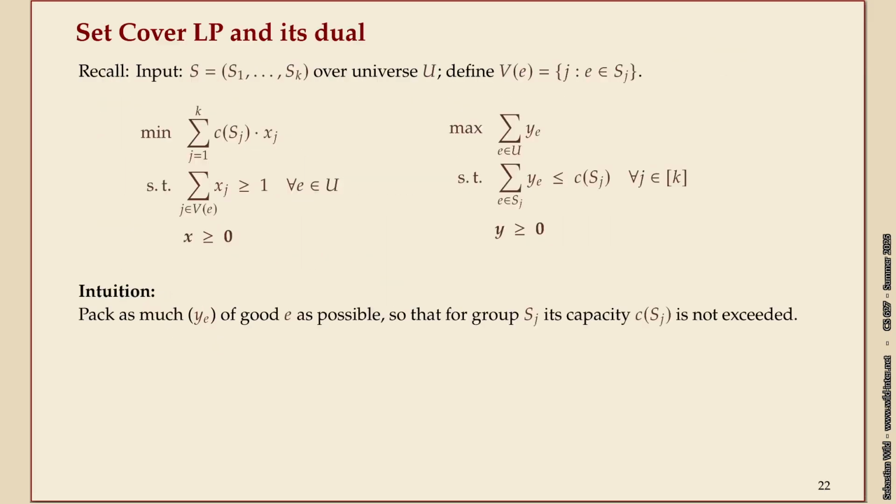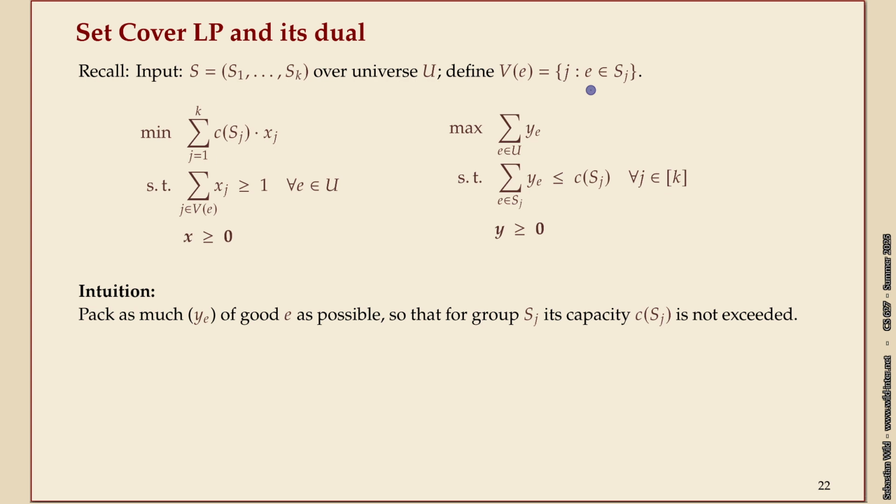And so on our concrete example, the set cover problem, you'll remember hopefully, is a collection of sets over some universe. And we'll heavily use this notation. V of E is the set of all indices of sets where this specific element of the universe occurs.